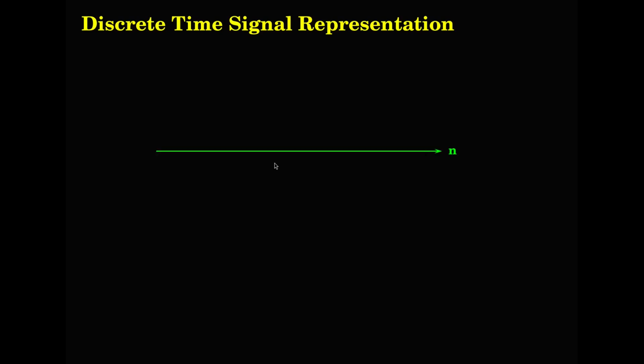I am going to draw the discrete time axis, the n axis, the y axis, and take some analog signal, a simple triangular waveform. This is an analog signal. Now the n axis, I am going to split it up into equal parts representing the sampling time.